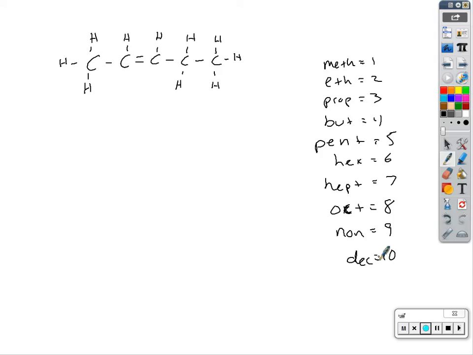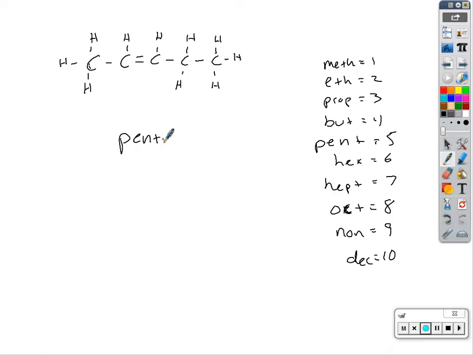The length of the chain will be one of those prefixes. So we have 1, 2, 3, 4, 5. Pent is part of that name. And again, that's just telling us how many carbon atoms there are in the chain.